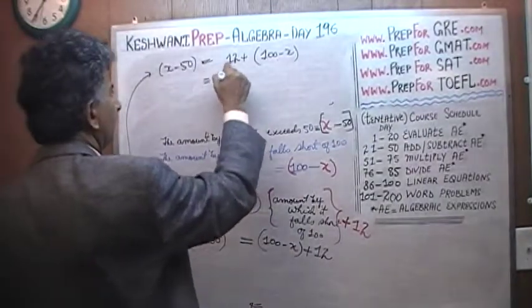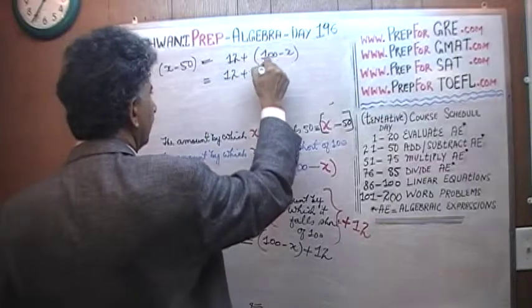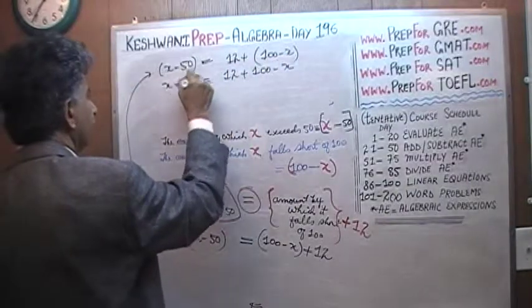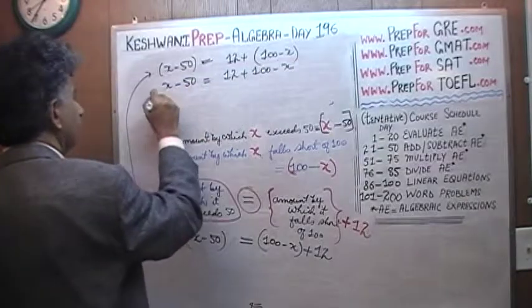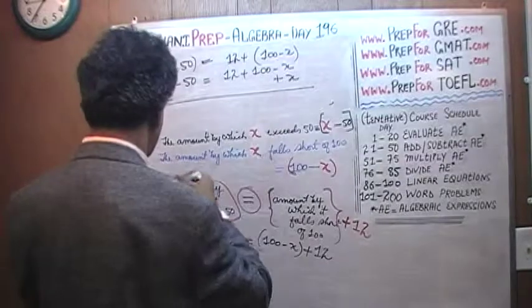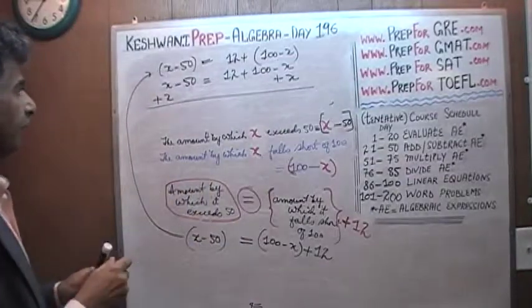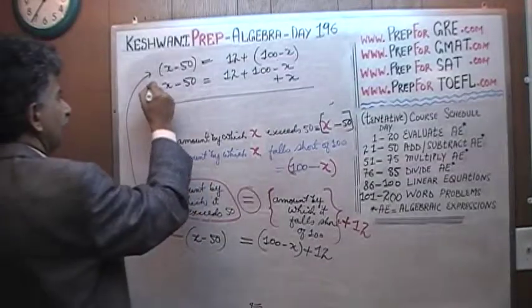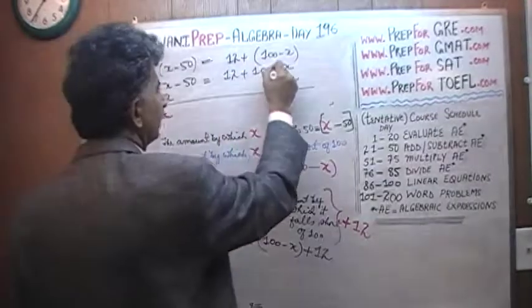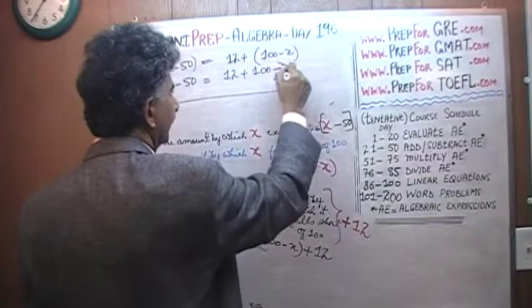So here we get 12 plus 100 minus x minus 50. Let's add x to both sides. If we add x to both sides, this is plus x, that gives us 2x, and this is minus x, this is plus x, so that cancels out.